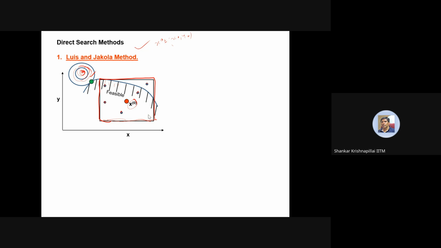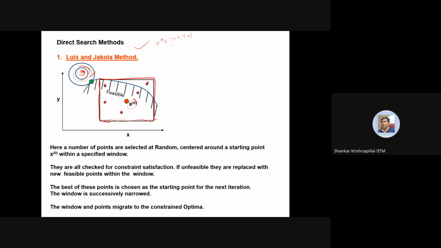You already know the size of the window and the center coordinate of the window, so with a random number generator you can select all these points. A number of points are selected at random, centered around the starting point x0 inside the window. They are all checked for constraint satisfaction.